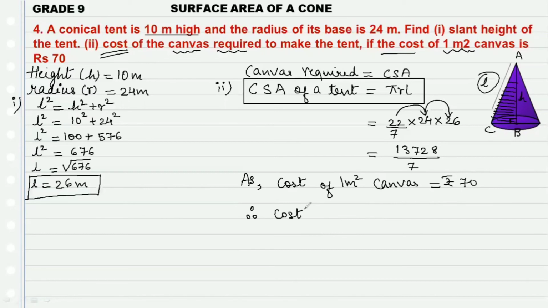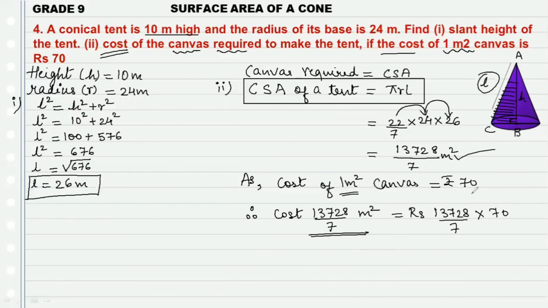Okay, so therefore cost of this much tent canvas, 13,728 divided by 7 meter square, write meter square here students, CSA will be rupees 70 multiplied to this, right? 13,728 upon 7 multiplied by 70. This much canvas is required and 1 meter square of canvas costs rupees 70.